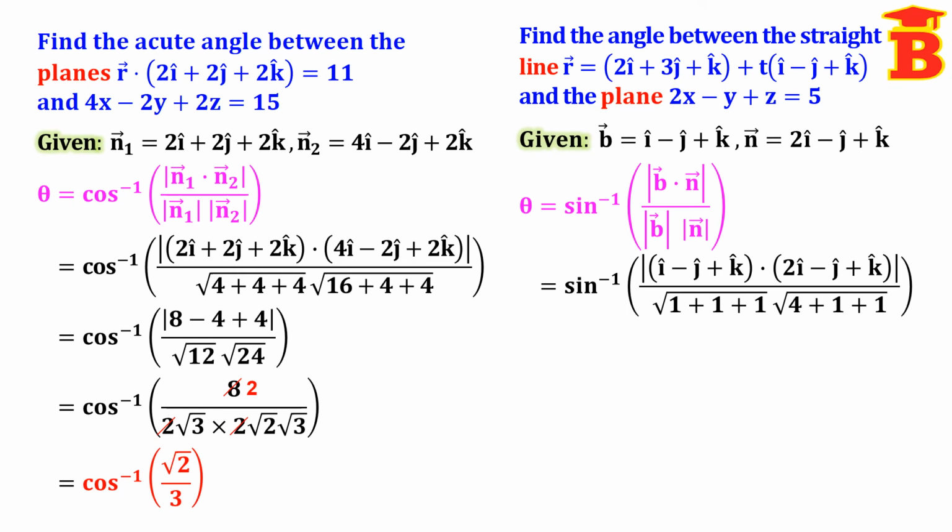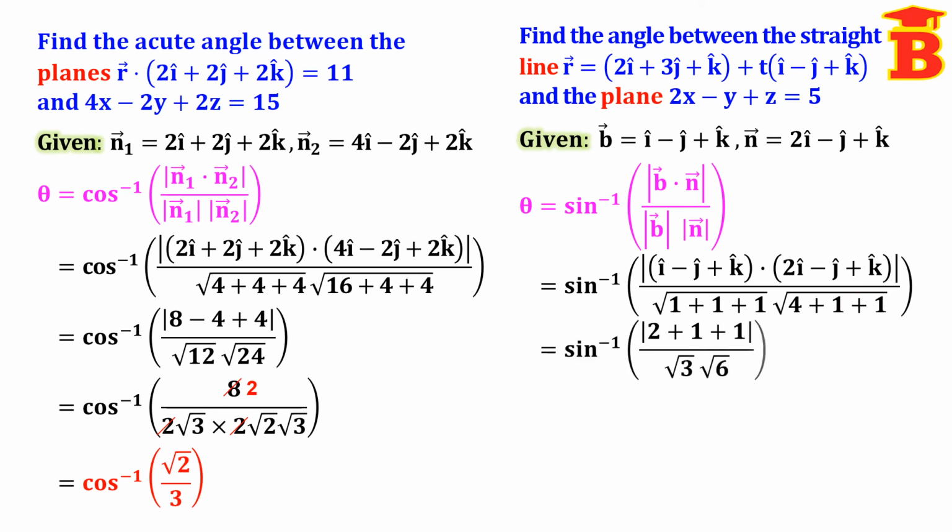That is equal to sine inverse of modulus b vector dot n vector, divided by taking the magnitude, root of the first vector 1 squared 1 plus minus 1 squared 1 plus 1 squared 1, into the magnitude of the second vector, that is root of 2 squared 4 plus minus 1 square 1 plus 1 square 1.